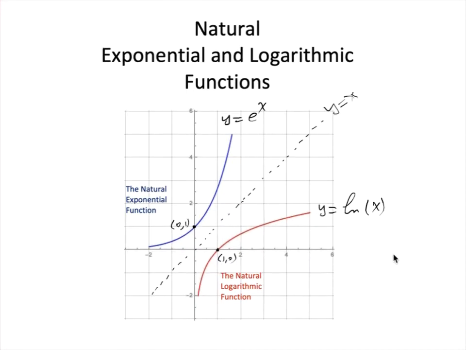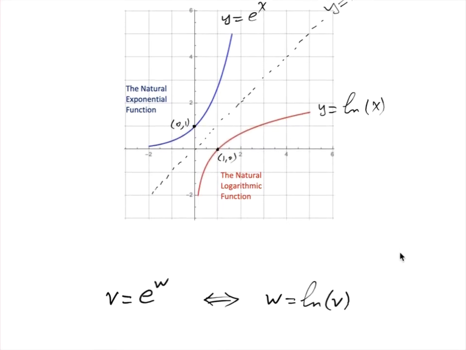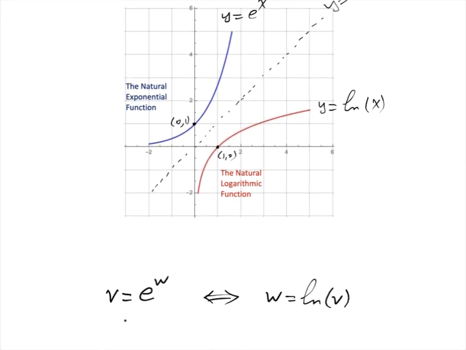So more generally, when we have v equals e to the w, that's equivalent to saying w equals ln of v. So the input for the exponential function is the exponent w, the output is v. These two input outputs are reversed when you look at the inverse function, which is ln. ln of v, v is the input for ln here, and the output is w.